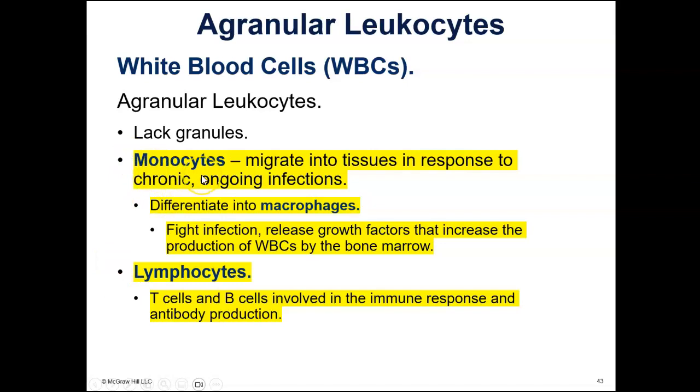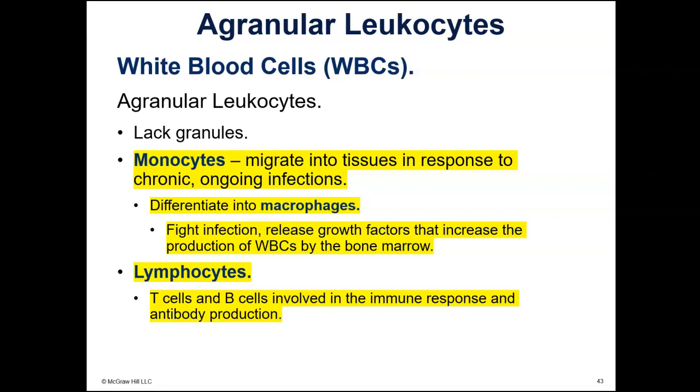And monocytes are very large. They migrate into the tissues in response to infection, and once they get into the tissues, they become macrophages, which means big eater. So they can engulf a large amount of harmful substances, basically. They can phagocytize a large amount of bacteria or cells infected by virus or whatever.